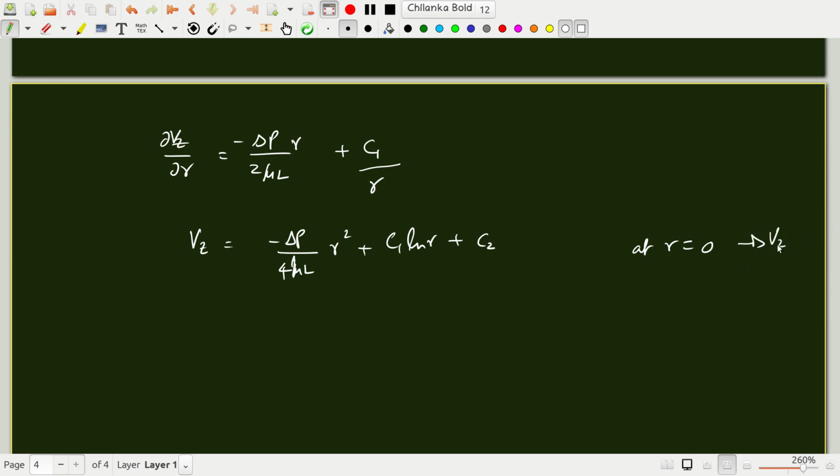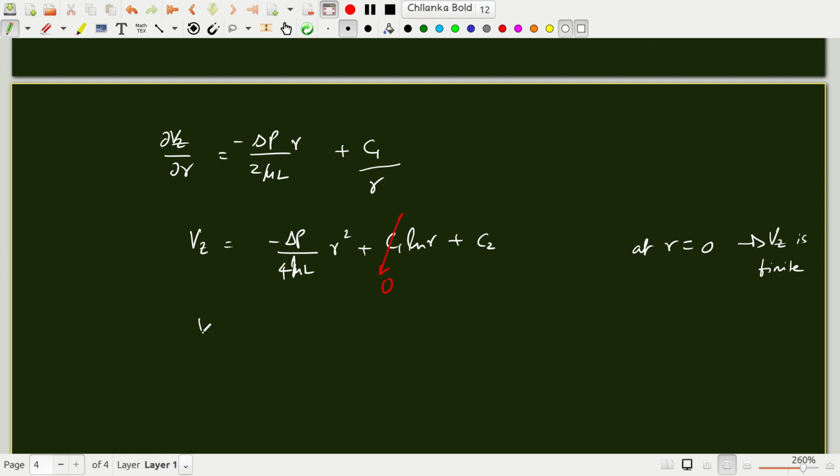Vz is finite. That means that the coefficient multiplying ln r must be 0, because ln r diverges as r goes to 0, so you cannot have diverging velocities as r goes to 0. So you will find that the constant C1 has to become 0.